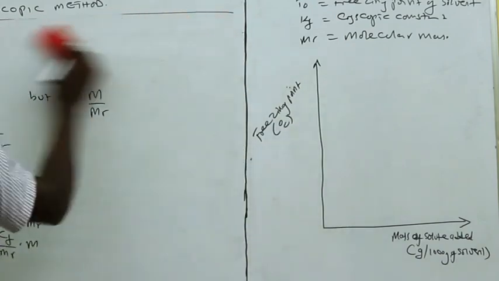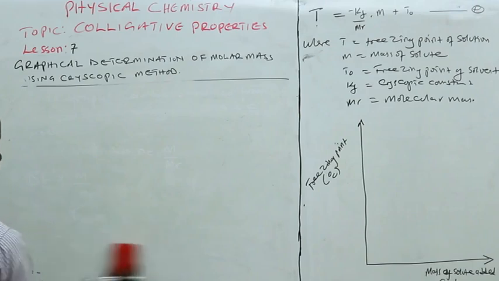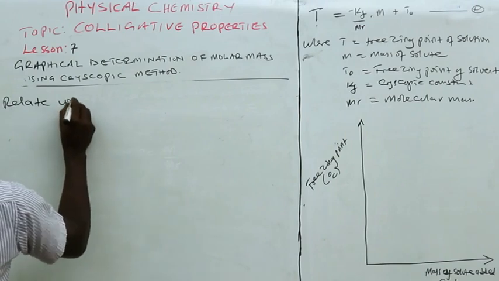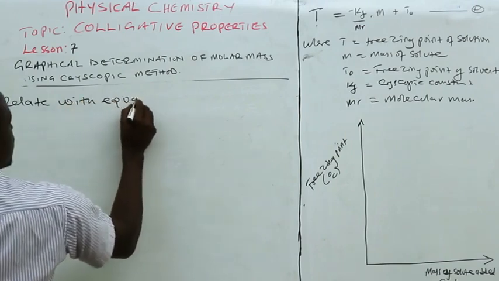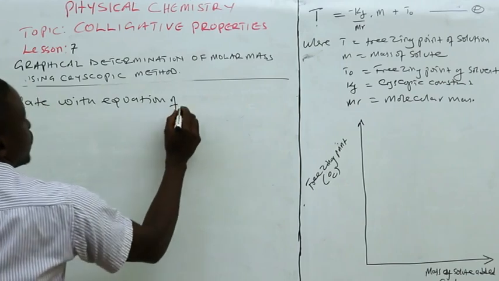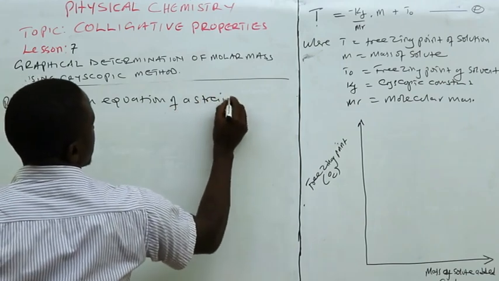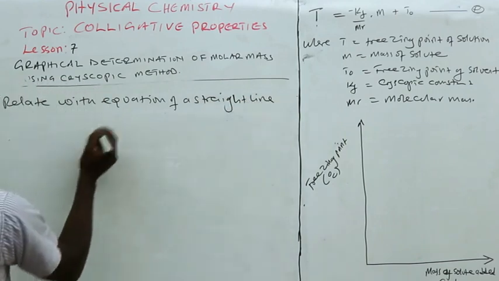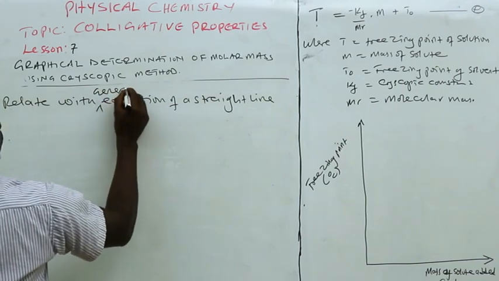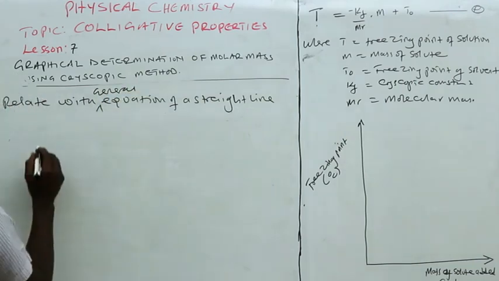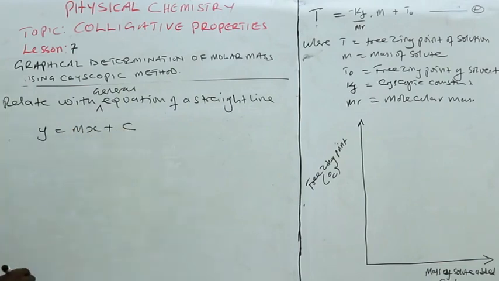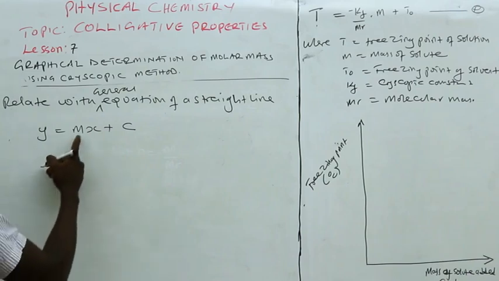Let us try to relate with the general equation of a straight line. Y is equal to mx plus c, where m is the gradient.